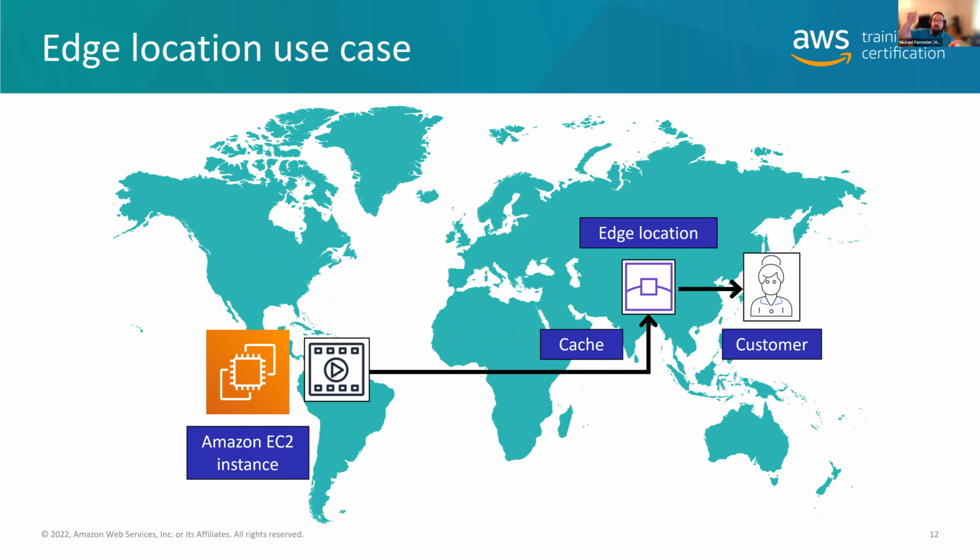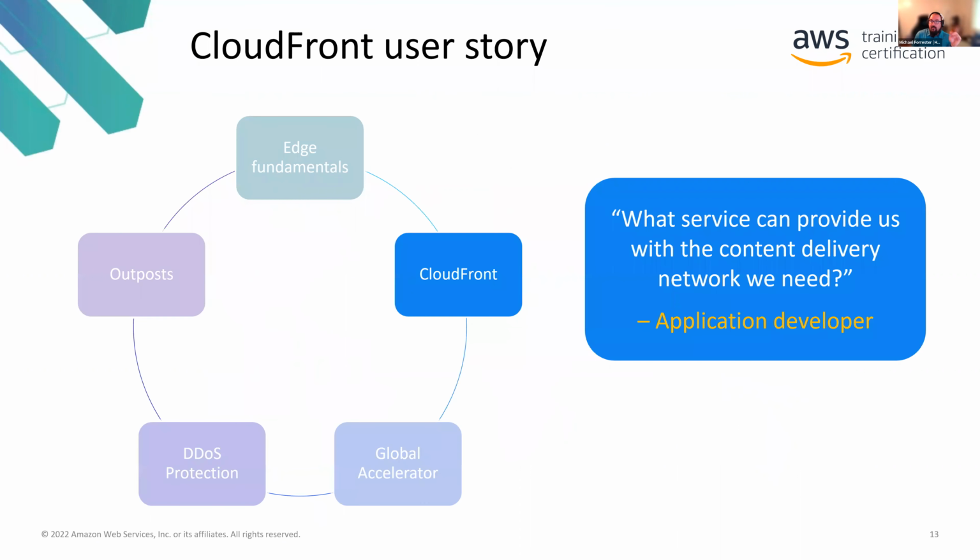And then when the second or third or fourth user in that area asks for that same file, as long as the file hadn't expired, which you get to control, it would not go back to source. It would just serve it out of cache, which is the very definition of a content delivery network, right? So Amazon has CloudFront, which is a content delivery network.